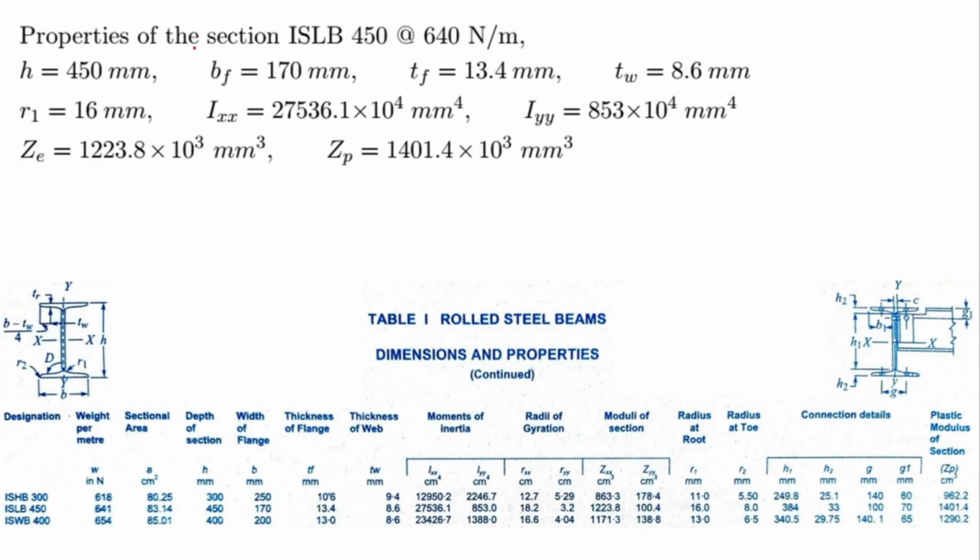Now I shall note down the properties of the given section ISLB 450 at the rate 640 Newton per meter from the steel table. For this section, the total depth of the section is 450 mm. Therefore, h is 450 mm. Then width of the flange or breadth of the flange is 170 mm.